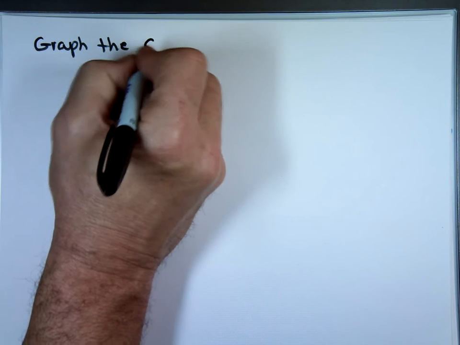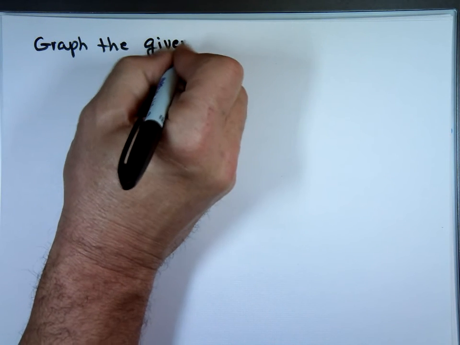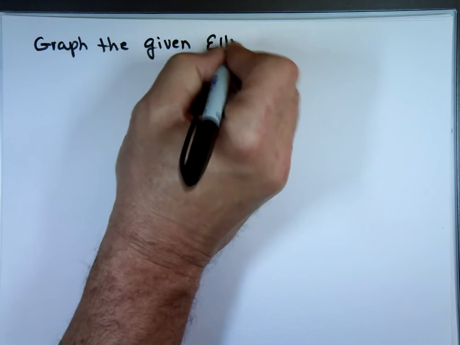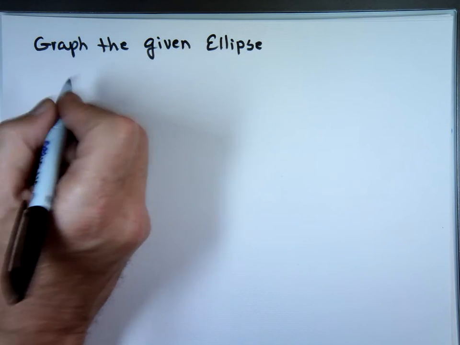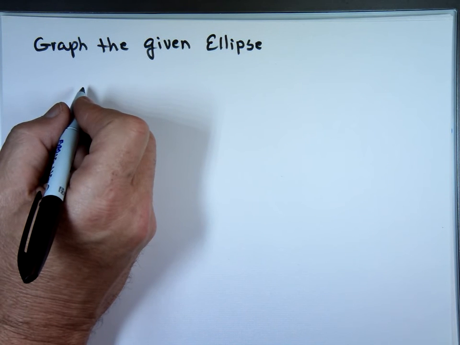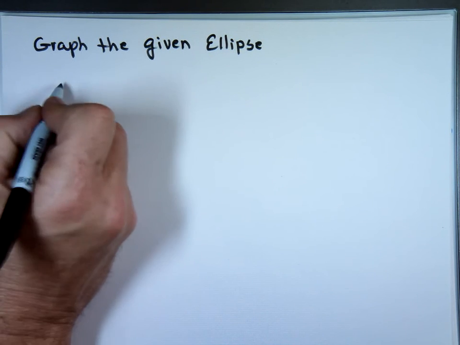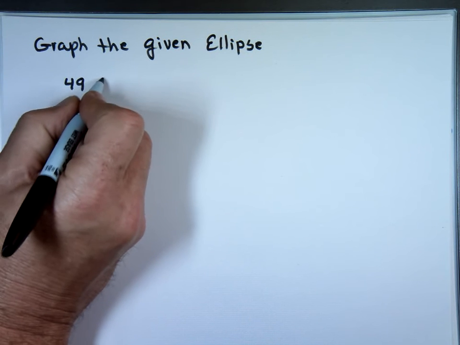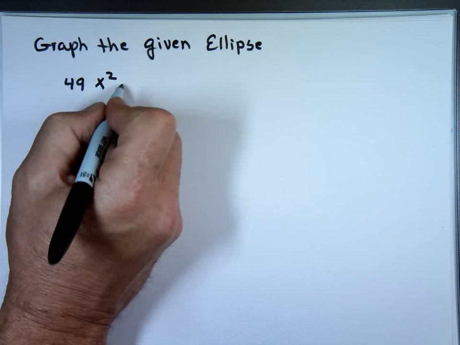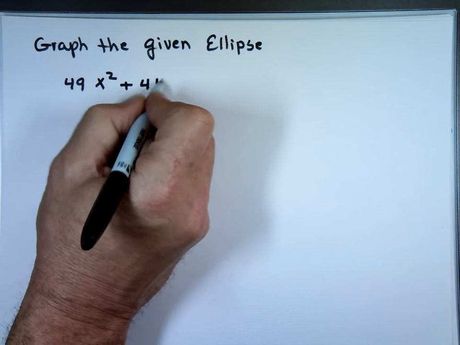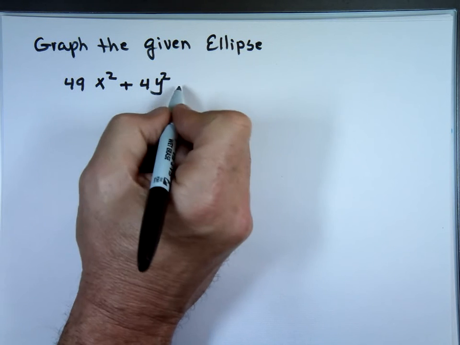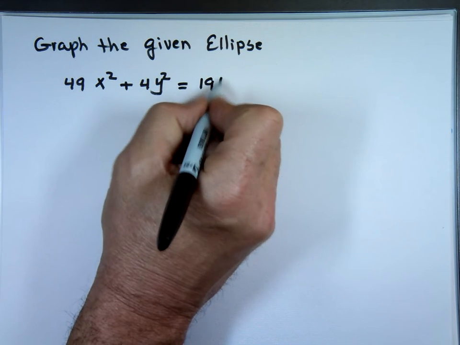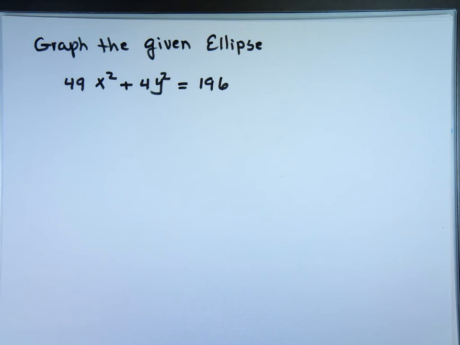I'll say the given. I know it's an ellipse. And here's my ellipse: 49x squared plus 4y squared equals 196. Notice I put a twist in it.